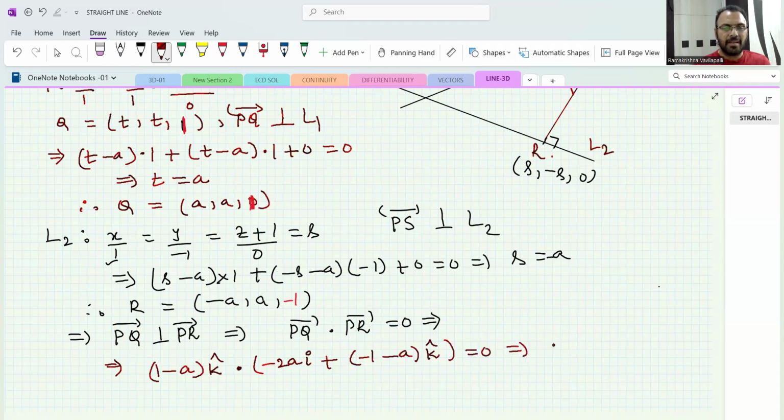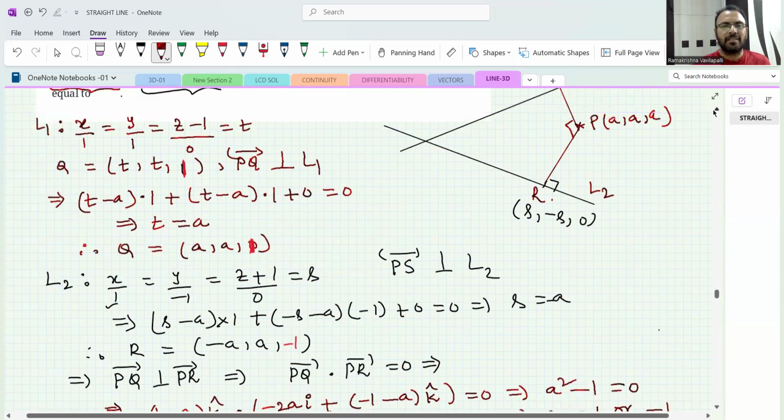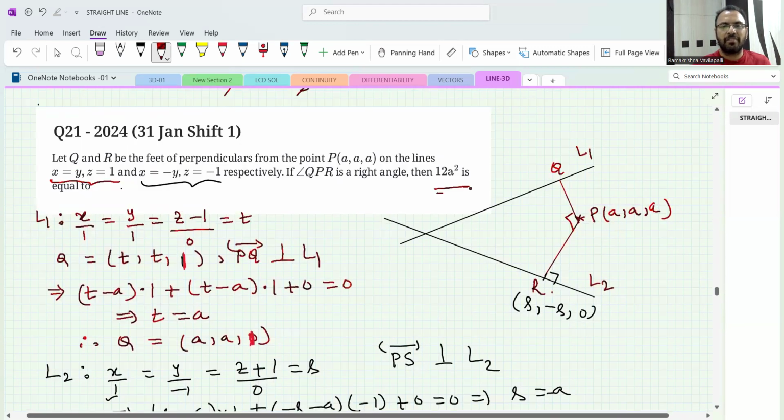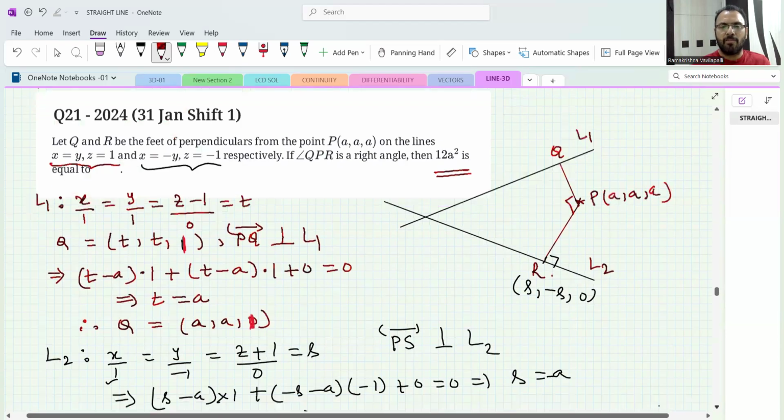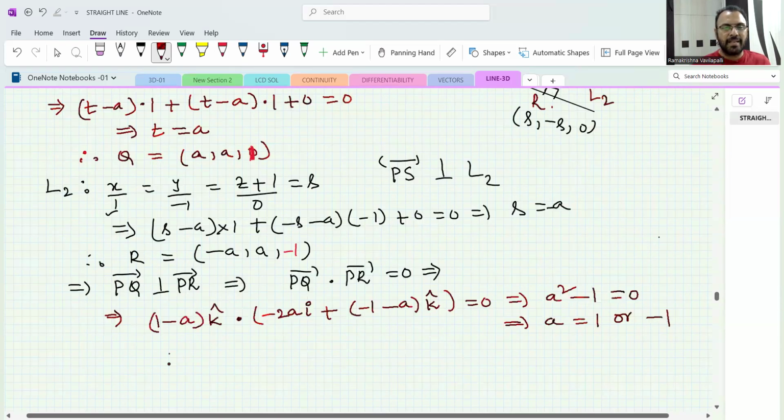This implies a square minus 1 equal to 0, so a is equal to plus or minus 1. Either a equal to 1 or a equal to minus 1. Of course, here they have asked what is 12a square, so there is no complication in asking 12a square. The answer is 12.